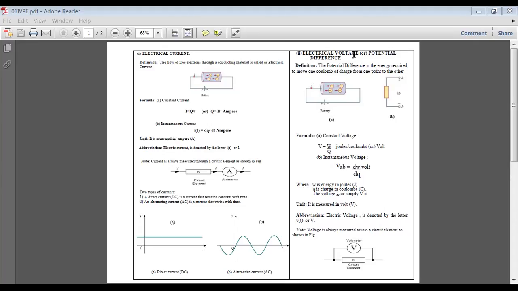The units: W energy is in joules, charge in coulombs, and the voltage is measured in volts. It is denoted by capital V or v of t.